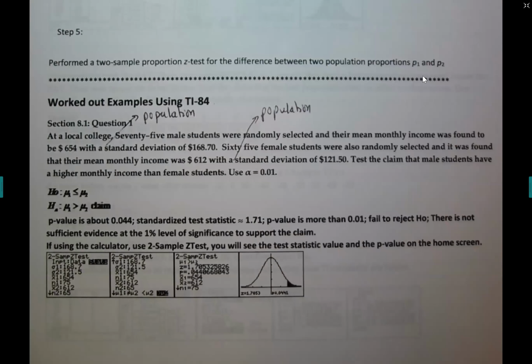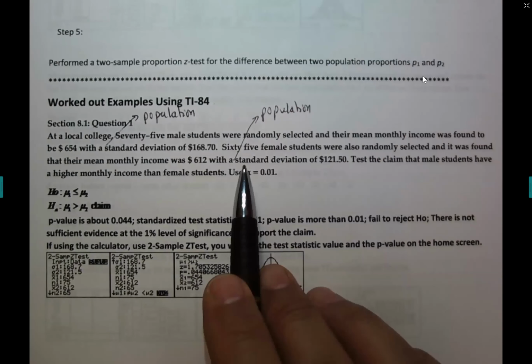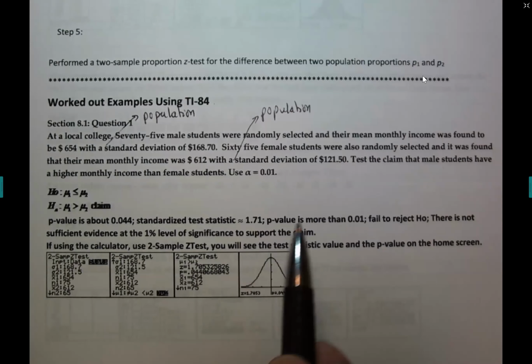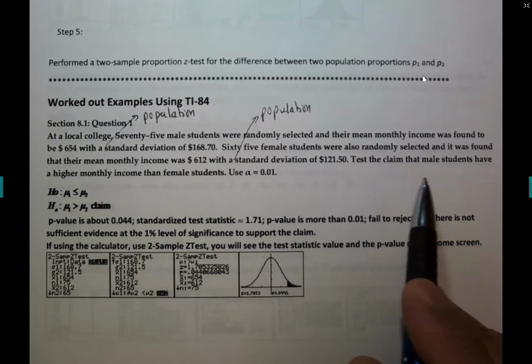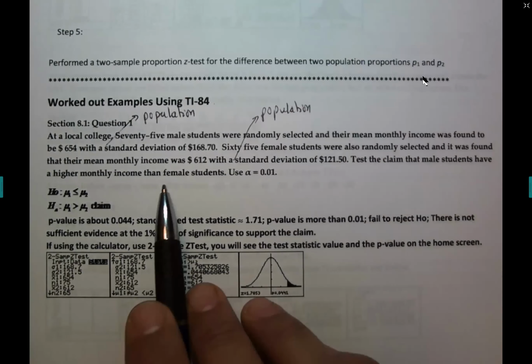The reason I'm doing this is because I meant to say population standard deviation, so we can justify using the two-sample z-test. Test the claim that male students have a higher monthly income than female students.